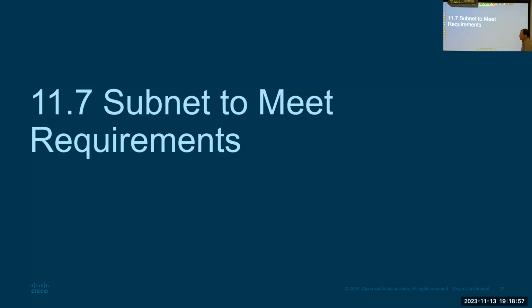If on the other hand, you start off with a /16 and you're told to make sure you accommodate 30 hosts per subnet, you just have to say, how many bits do I need for 30 hosts? I need 5 bits.